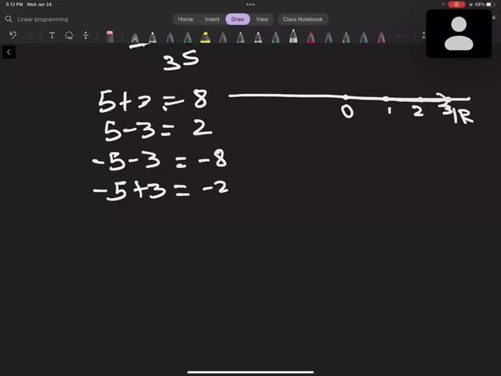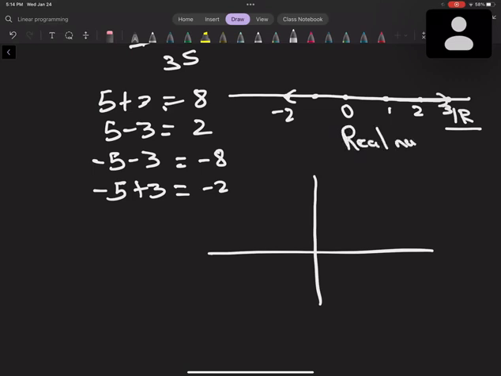But then you can move 3 steps back, so you finish here, at 2. Or with minus 5 and 3 steps right, you finish at -2. So you just have two directions to move. In vectors, let's say these are vectors on the real line. The real numbers are vectors in the real line.